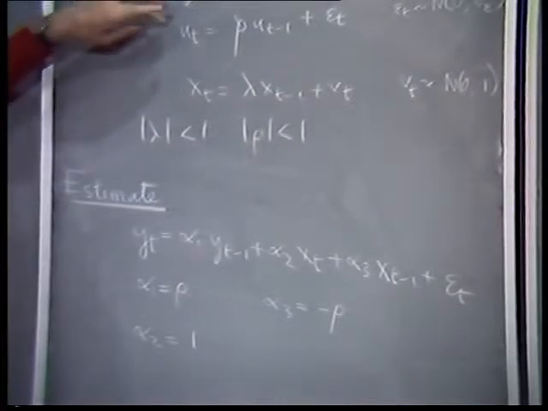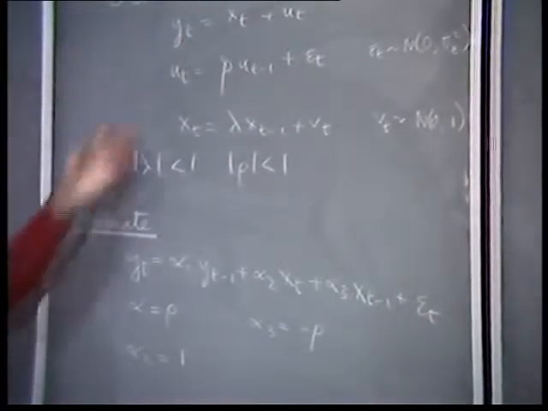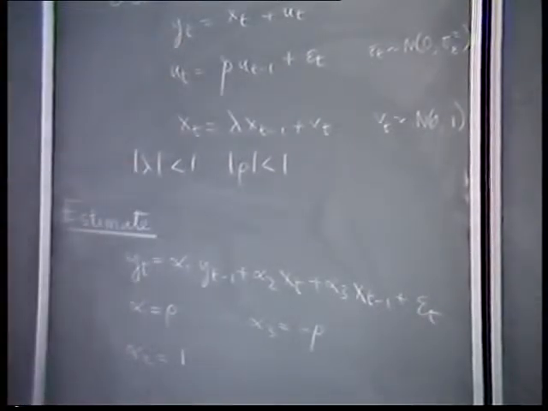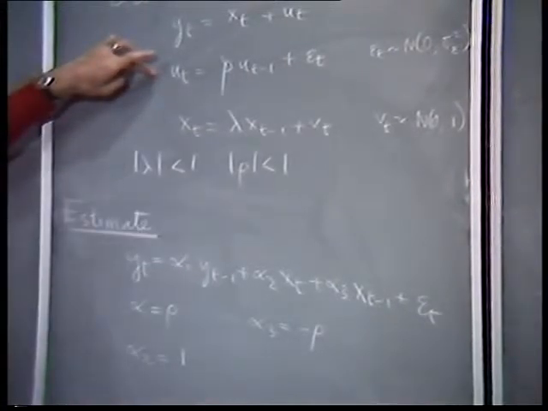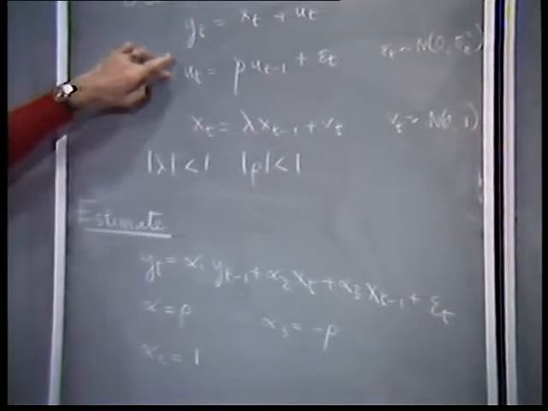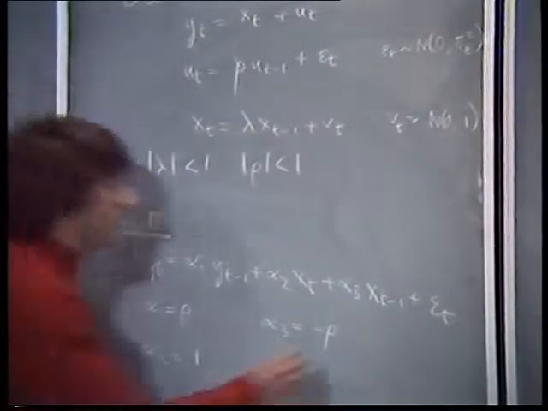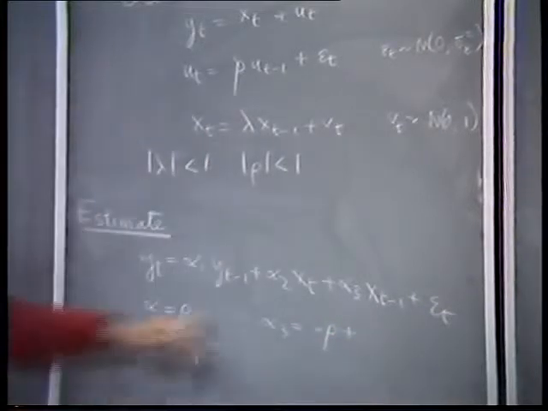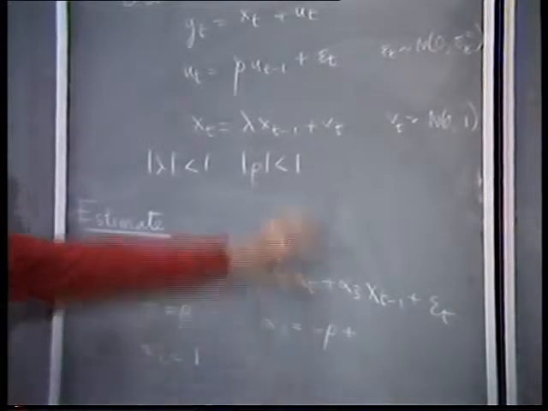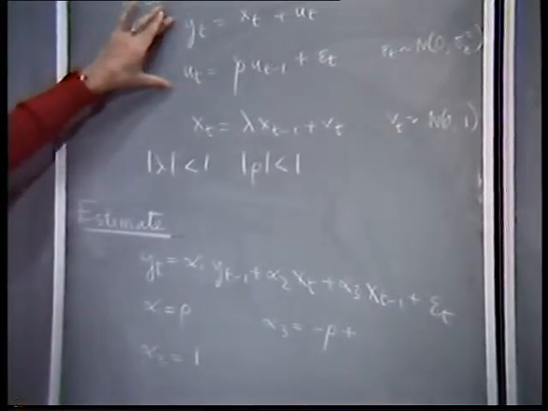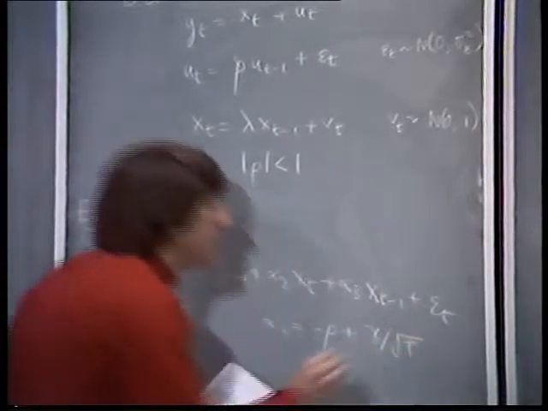In other words, there was exactly an autoregressive error representation. But since we want to test the power of the test statistic for this common factor of a first order autoregression, we now want to introduce some non-centrality into the process generating the data. And that we now introduce by letting alpha_3 in the equation we estimate be the minus rho, which it would be if that had generated the data, but plus gamma upon root T.